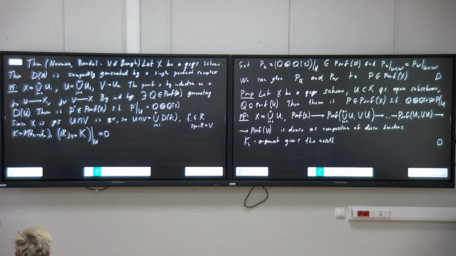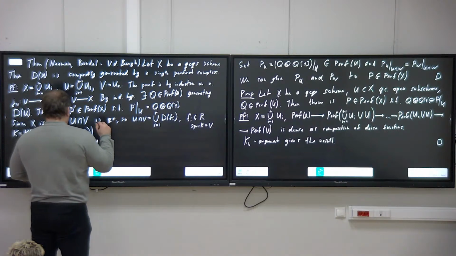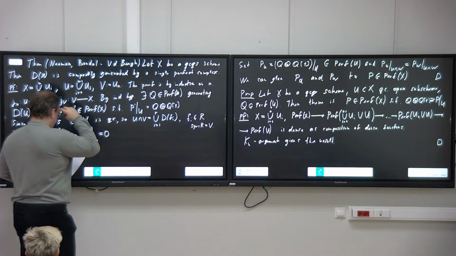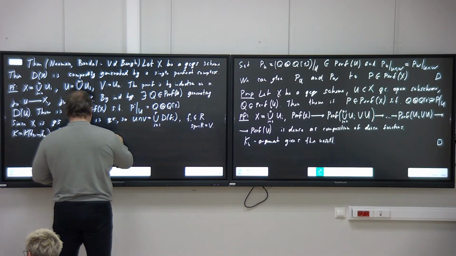Why? Well, the Koszul complex is supported on the closed set defined by these Fi, right? And when you push it forward, it is still supported on that set. So its restriction to the open complement, which is U, is 0. So I take this push forward of the Koszul complex restricted to the U, I'll get 0.